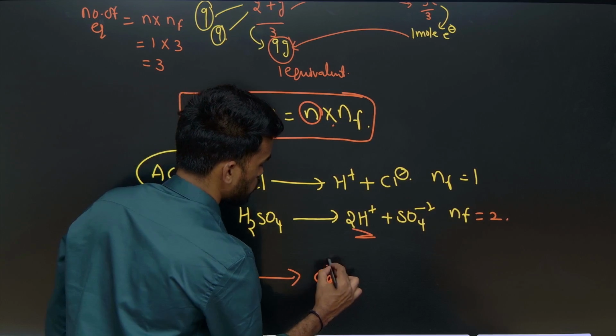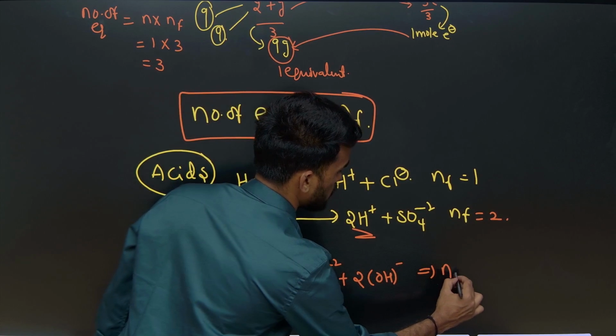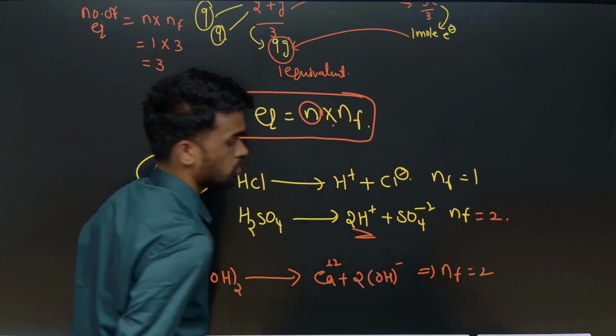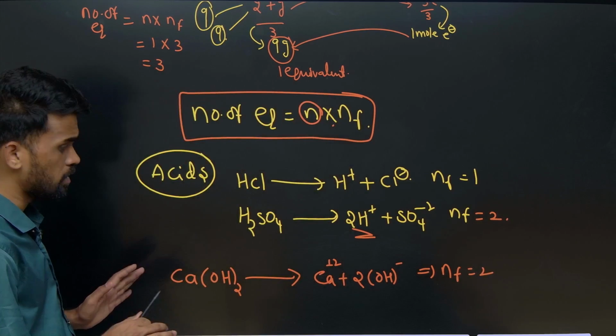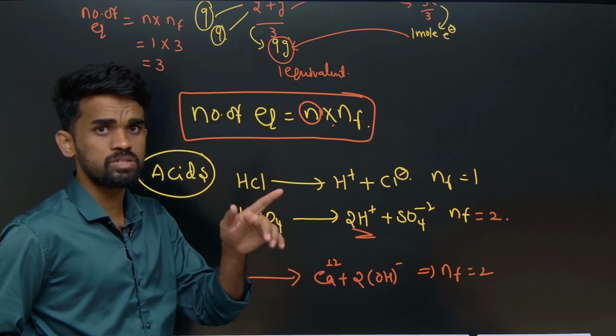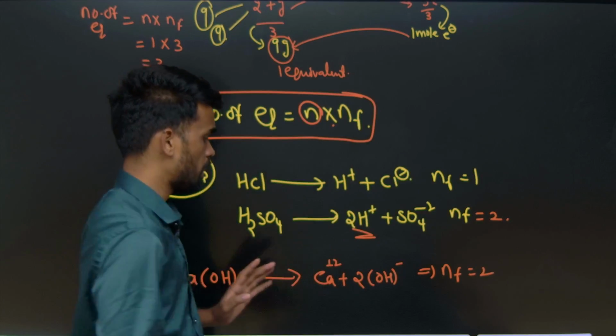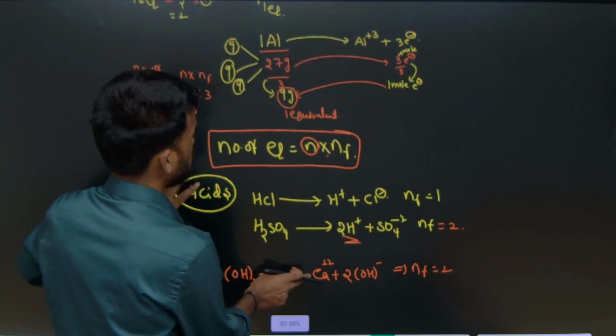Ca 2 plus plus 2 OH minus, so its n factor will be 2. I hope this is clear. For NaOH, only 1 OH minus is released, so its n factor will be 1. This is how you need to take it.